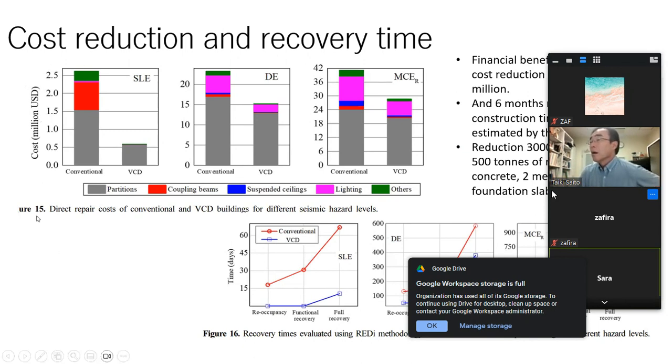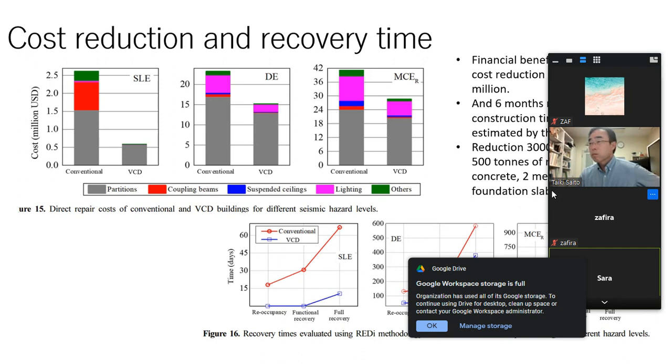Figure 15 shows us the difference between the conventional structure and the VCDs, and we see the cost reduction.